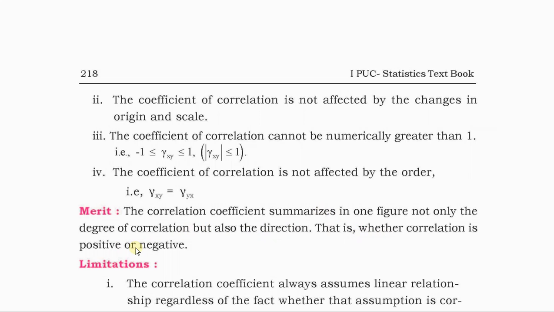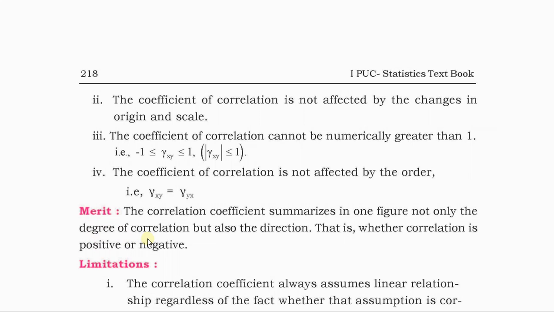So after properties we look at one merit here. An improvement over the scatter diagram is that this is a mathematical method, and in one single number, it gives you the degree of correlation and also the direction of the correlation, whether the degree is higher or lower, and direction means whether the correlation is positive or negative.